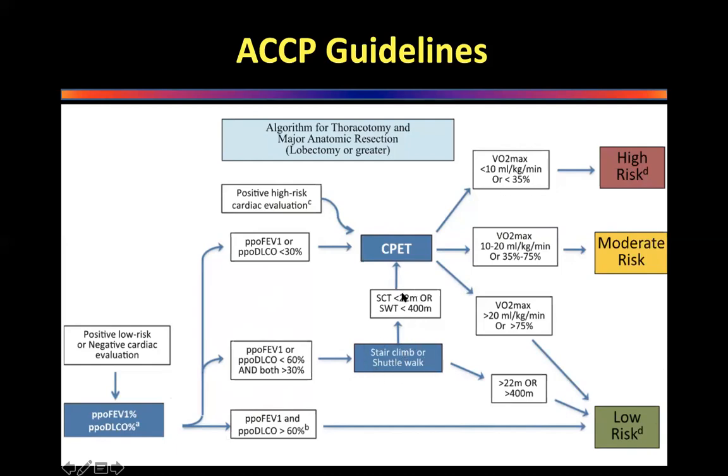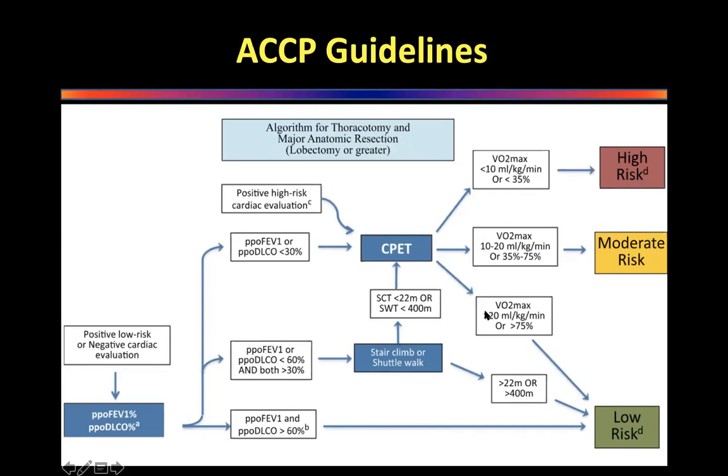If he cannot do the 22 meters, or if his shuttle walk test is less than 400 meters, and there is a 4% oxygen drop in the O2 measurement, then put him into CPET. Once you put him into the CPET, you then measure the VO2 max. The VO2 max can be more than 20, 10 to 20, or less than 10.